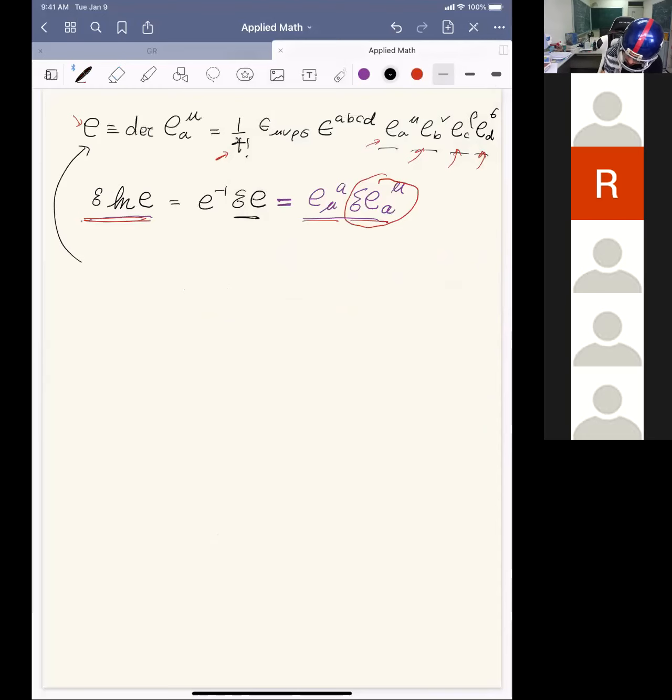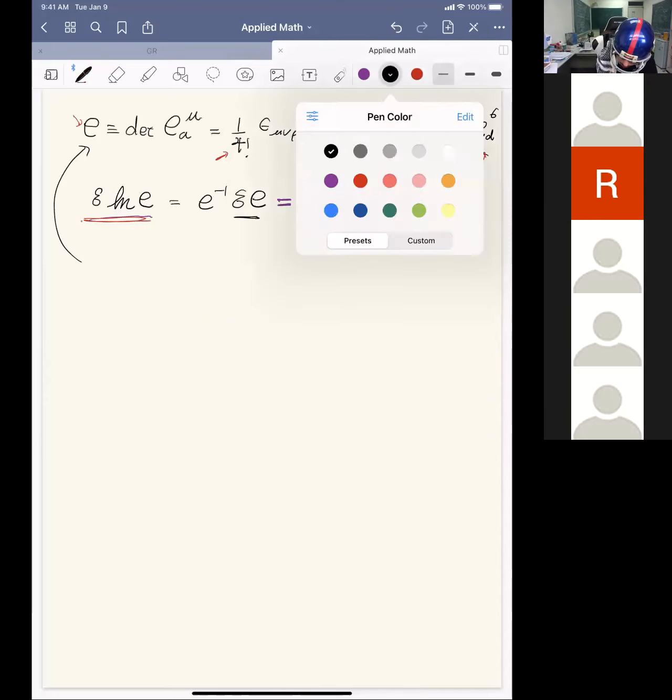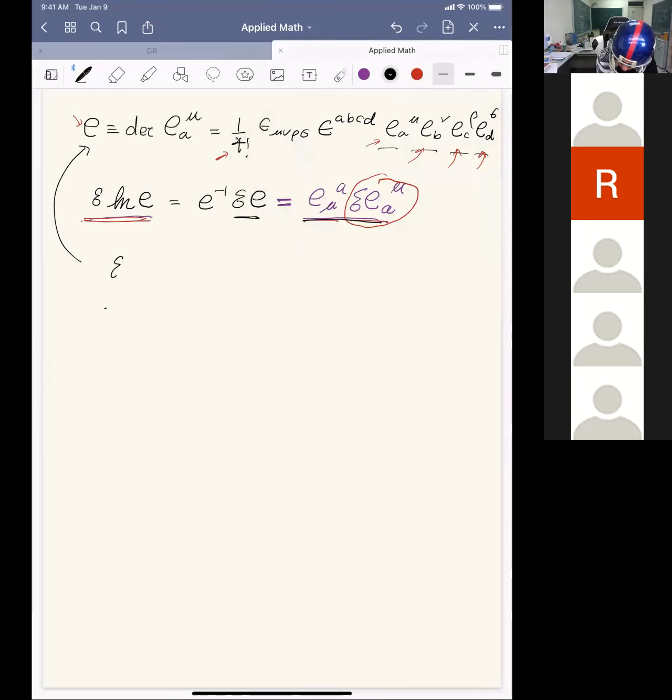Okay, good. So this is the variation, and we've seen what the variation is. Let me just write it down instead of copy and paste. So remember that we have the gauge transformation of E_μ^A.